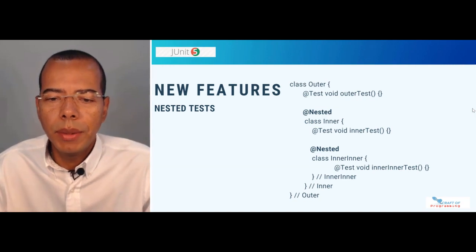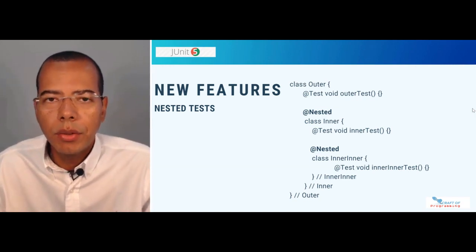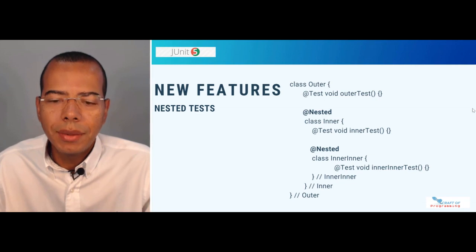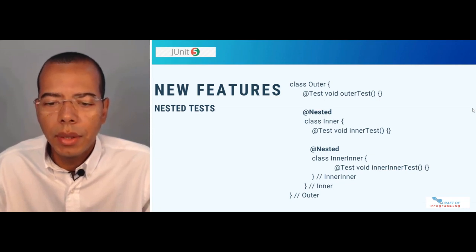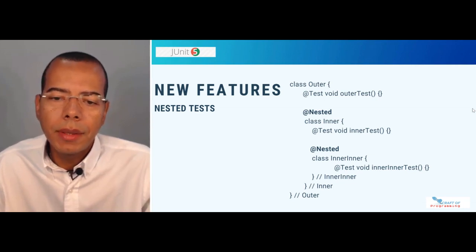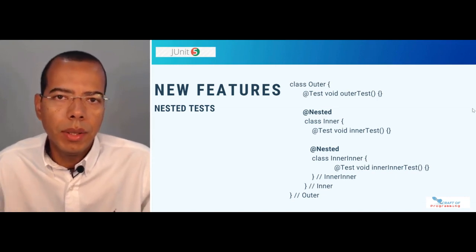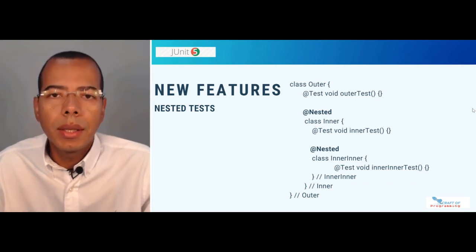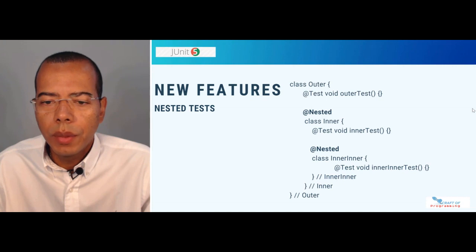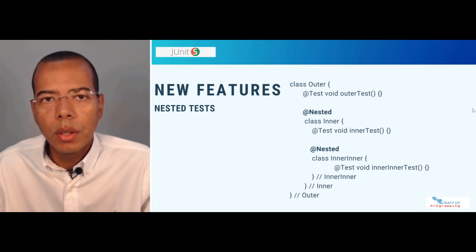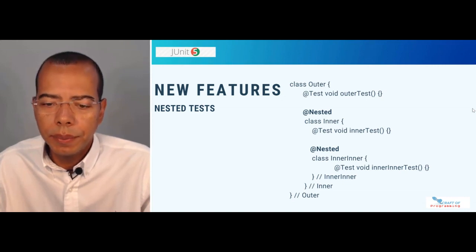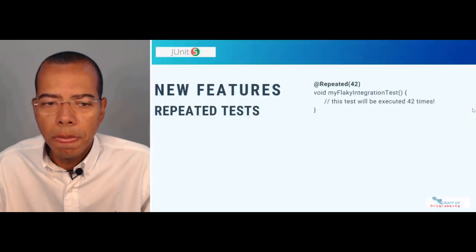You can nest with arbitrary depth or nesting level. That's a nice way to group your tests when you are testing a data structure or something that has this nesting or inner classes structure, and your test is mimicking the structure of the code that you're testing. So that's the nested test feature.